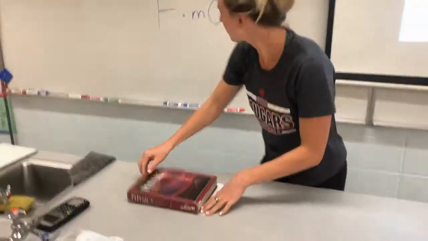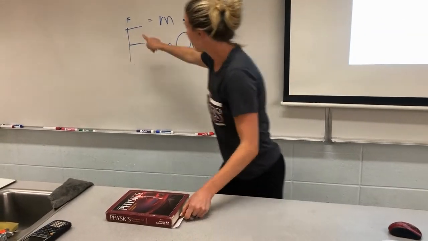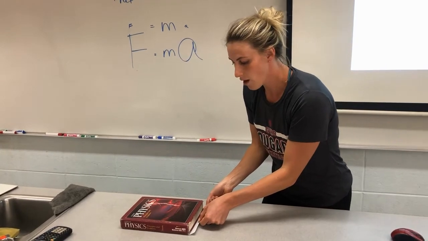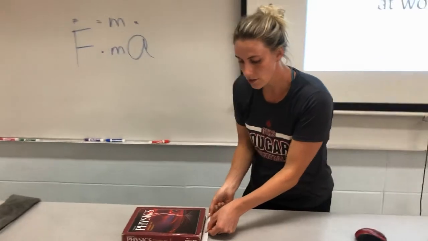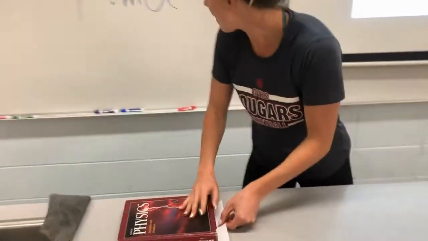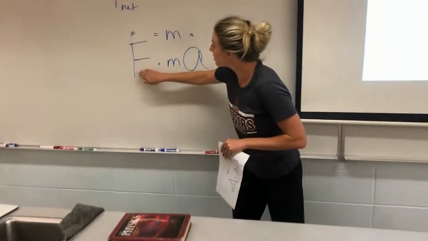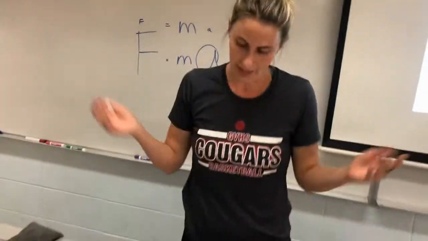When I'm moving the book slowly, my acceleration is slow. My force, in this case the force of friction, is small enough to cause that acceleration. But when I have a really big acceleration, boom, I need a really big force to keep it with it. But the force between the paper and the book is just not big enough. It gets left behind.